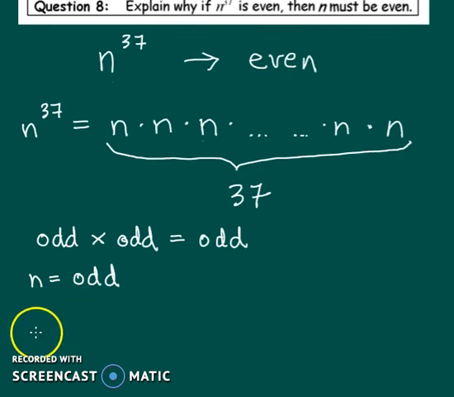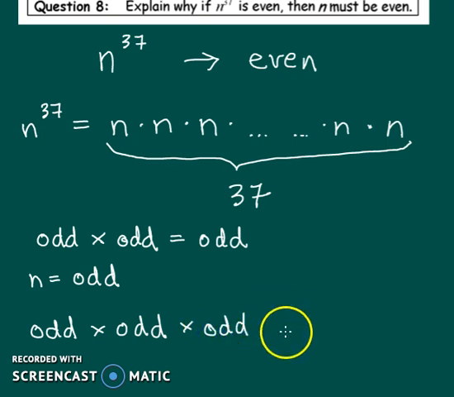So if n is odd, we start off with an odd number, and then we multiply it by n once. And what do we get? An odd number. Then we multiply it by n once again. We get an odd number.